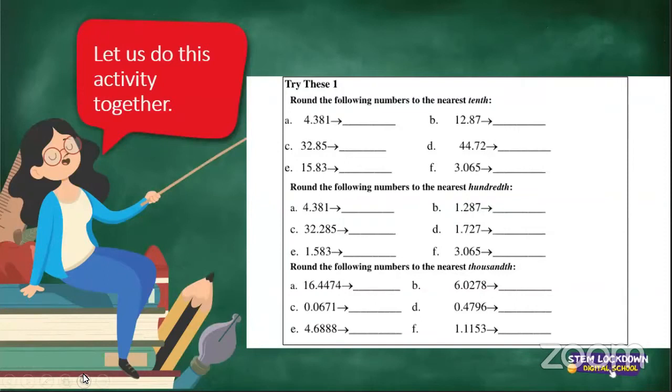On D, we are on D, 1,000.480, 0.480. And E, 4.689.